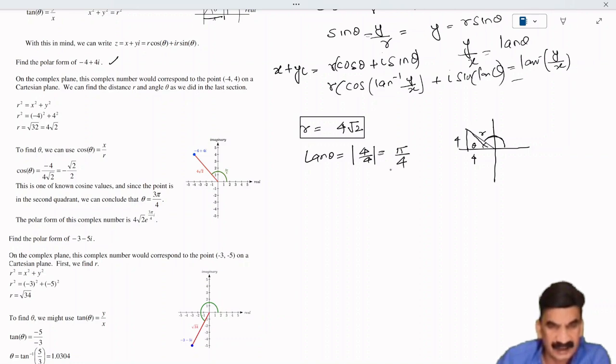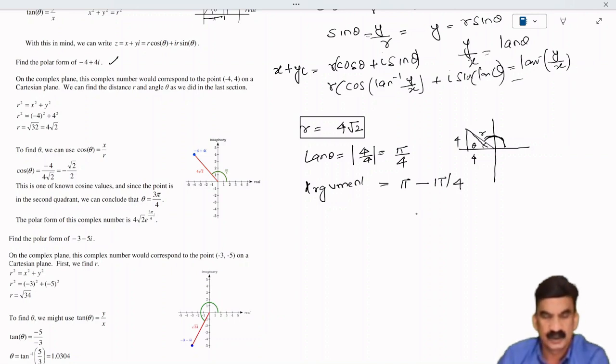But again, I don't need pi by 4, I need this angle. So I can get this from 180. If I decrease this angle, the angle that I require, or the argument, will be pi minus pi by 4, which is equal to 3 pi by 4.